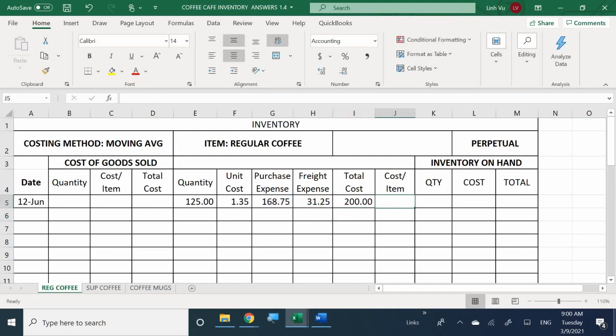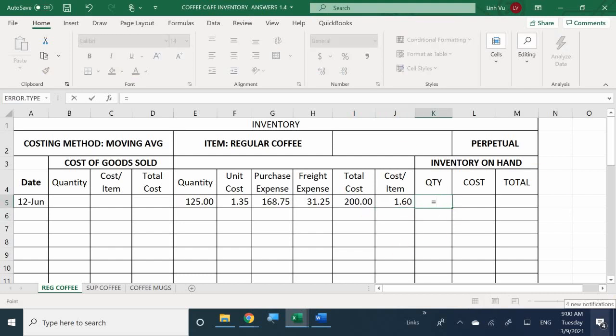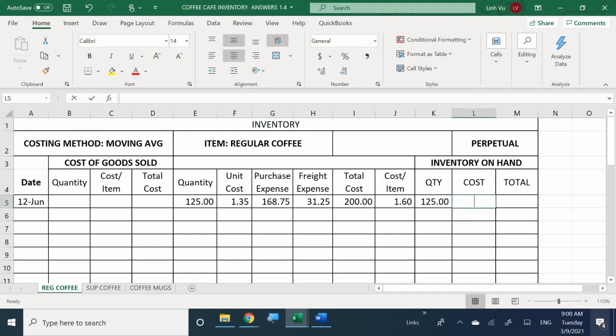All right. So what is my average cost, since I'm doing moving average and right now I only have one batch? So what is my average cost per item? $1.60.